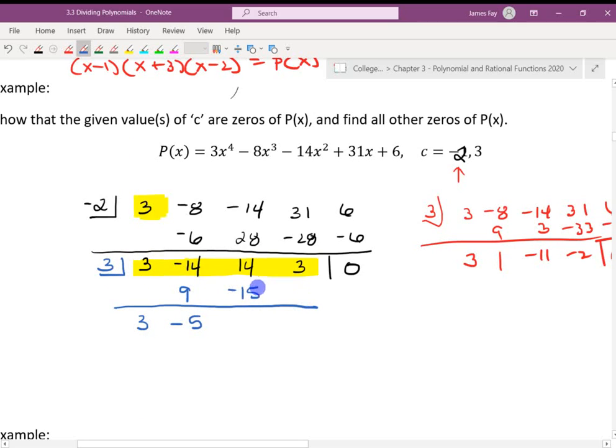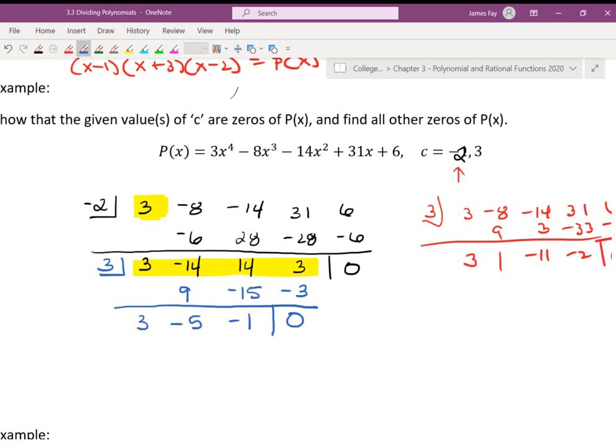Gives me -15. -1, and then we get our 0. Does that make sense? It's still a 0 that we got over there in red, but look at this line now. This line, this 3, -5, -1 line would never have been generated if I always go back up to the original P of X coefficients.